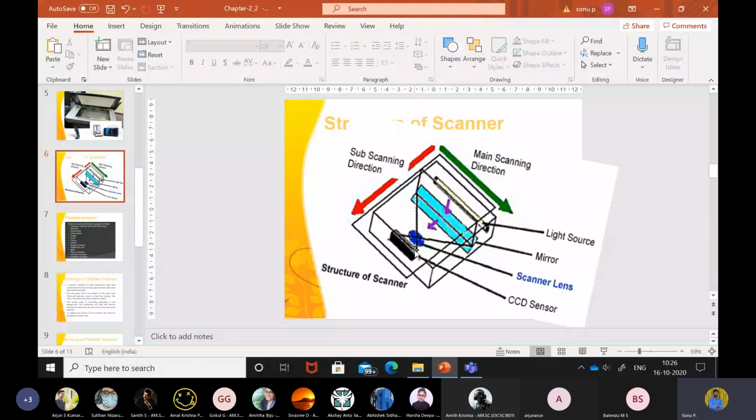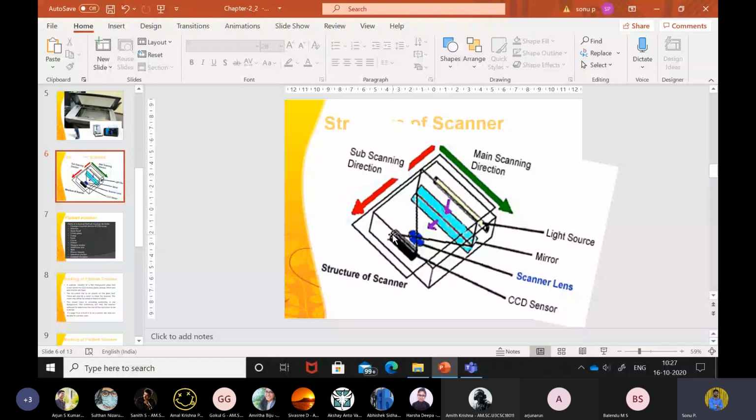At one end of this scanner there is a light source associated with the flatbed. Whenever you operate a scanner, light is emitted by the light source and reflected over the document. That is because there is a light source in one part of the flatbed scanner, which you can see as this black metal box.